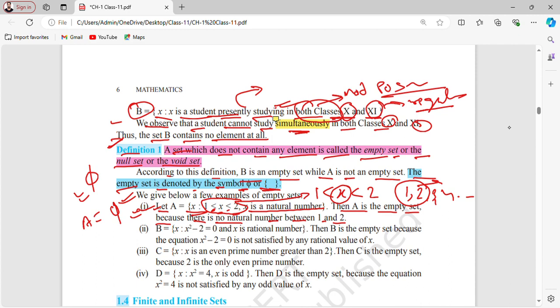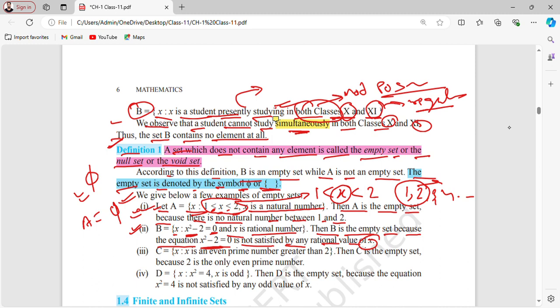Is it clear? Now let's understand the second part: x such that x squared minus 2 is equal to 0 and x is a rational number. Then B is the empty set because x squared minus 2 equal to 0 is not satisfied by any rational number value of x.